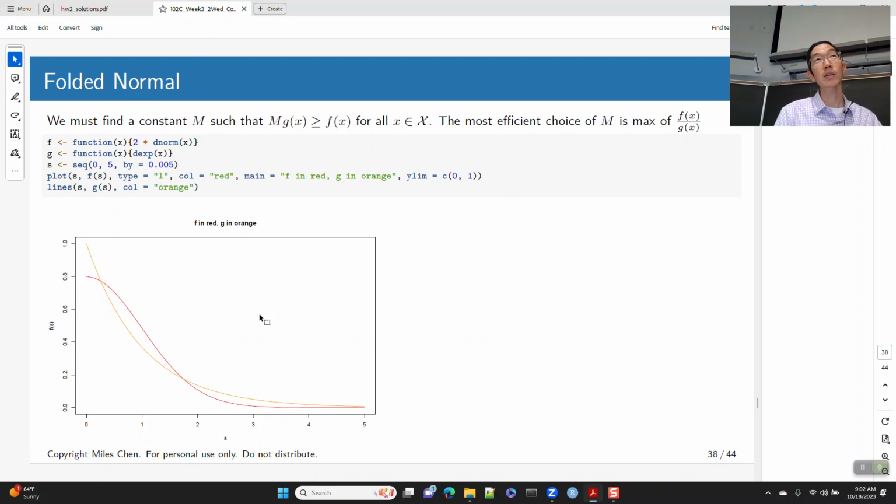If things were reversed, where your target distribution was the exponential, and your proposal distribution was the folded normal, there would be no such constant, because as you go out towards infinity, the folded normal decays much faster and approaches the asymptote of zero much faster than the exponential distribution, so M would have to be infinity. But in this direction, it's going to be okay.